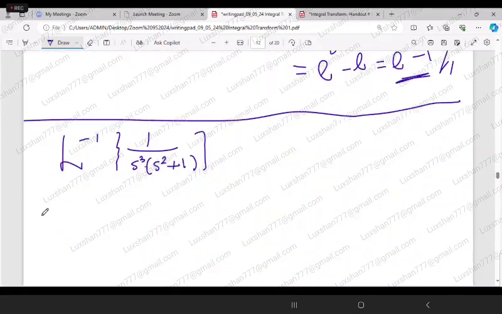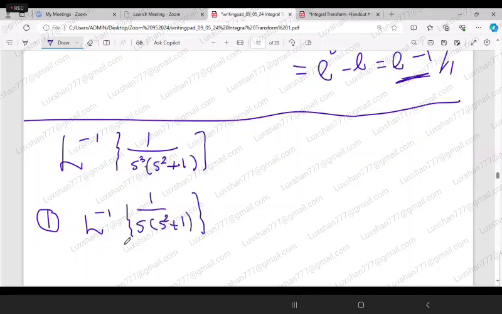Therefore, first we will find the inverse Laplace transform of 1 over s into s square plus 1.